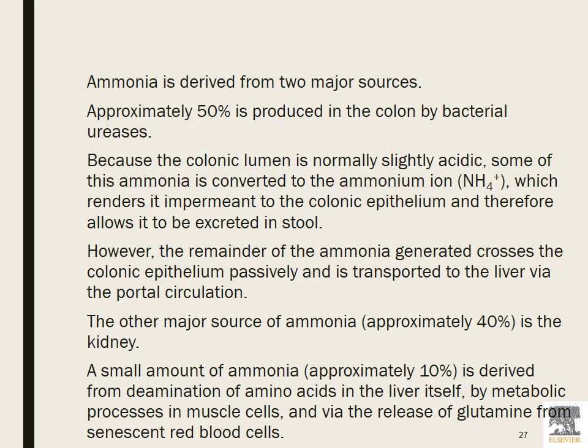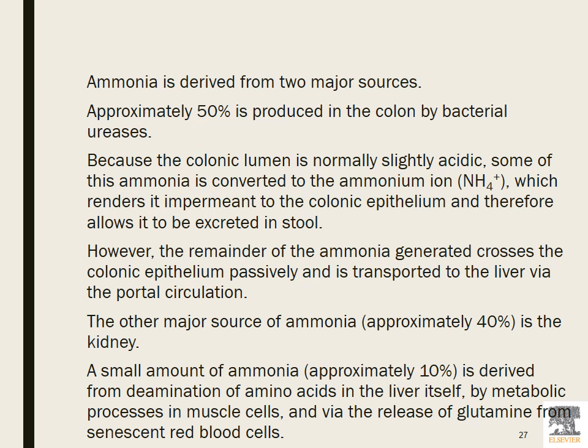Approximately 50% of it comes from bacteria in the colon, produced by bacterial ureases. Because the colonic lumen is normally slightly acidic, some of this ammonia is converted to ammonium ion, which renders it impermeable to the colonic epithelium and therefore allows it to be excreted in stool.